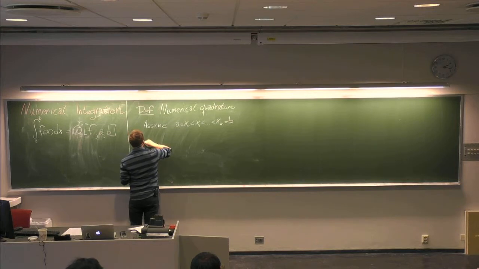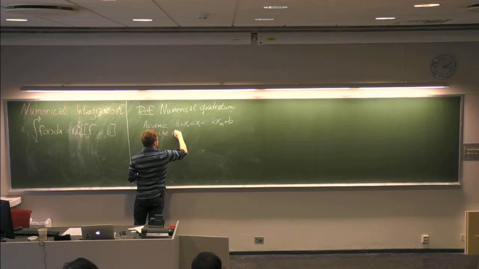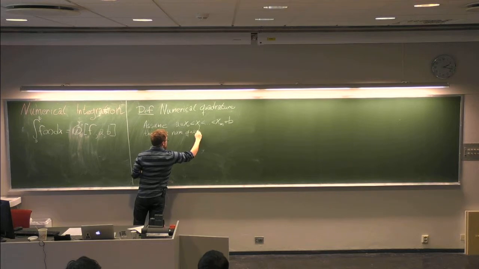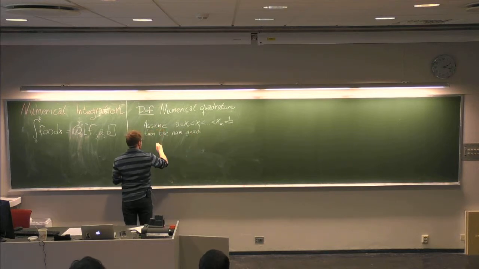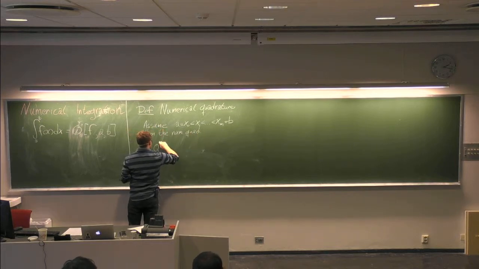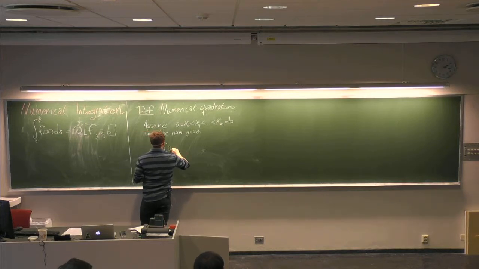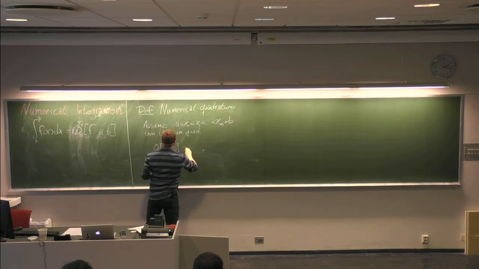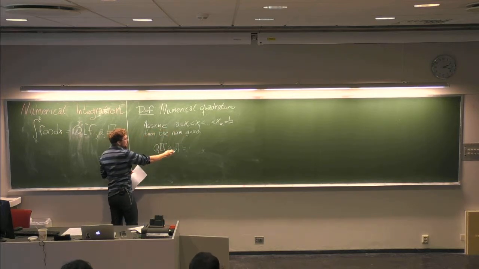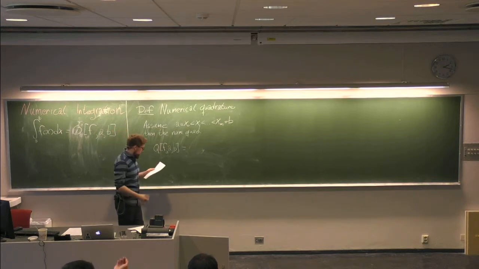Then the numerical quadrature is given by Q of f, a, b. Our f is our function, and these are the endpoints of our interval.